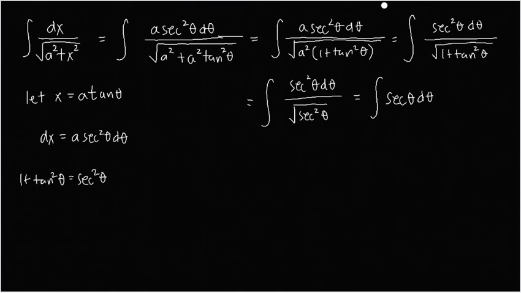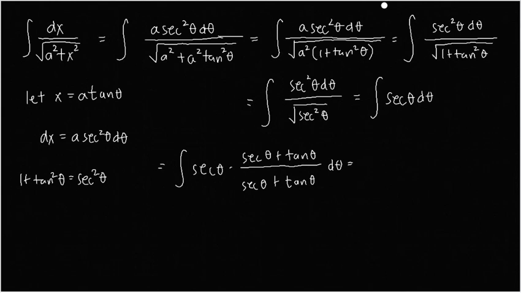And for our knowledge sa integral of secant of theta d theta, we can multiply this by secant of theta plus tangent of theta divided by secant of theta plus tangent of theta, so that this will become the integral of secant squared of theta plus secant of theta tangent of theta divided by secant of theta plus tangent of theta d theta.